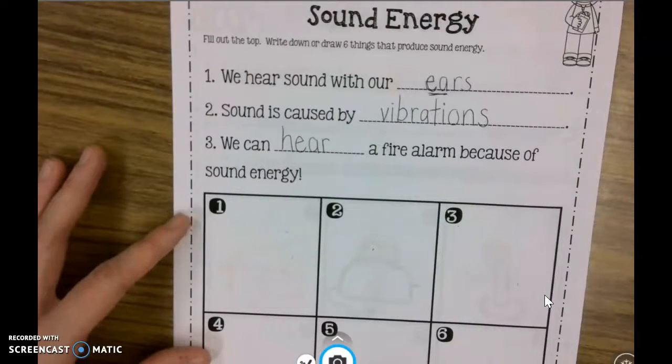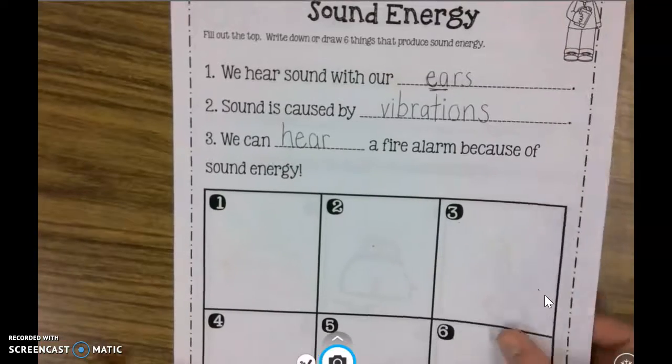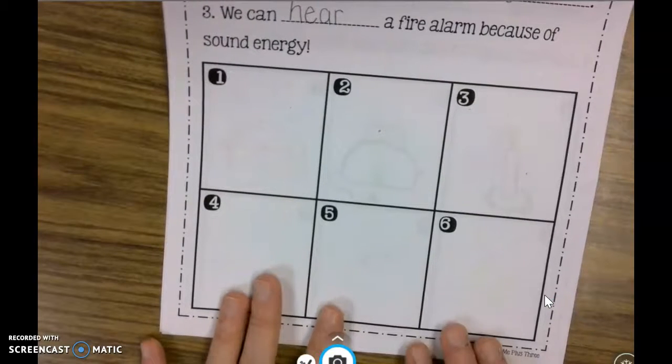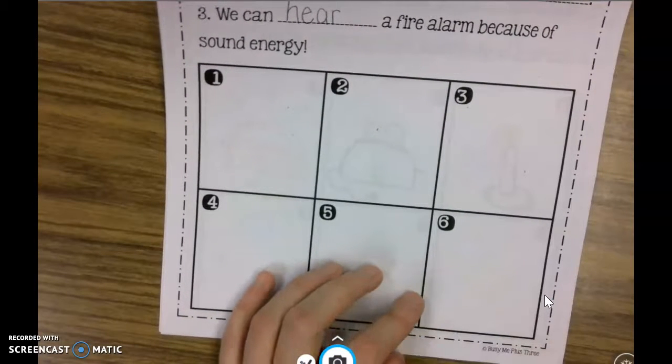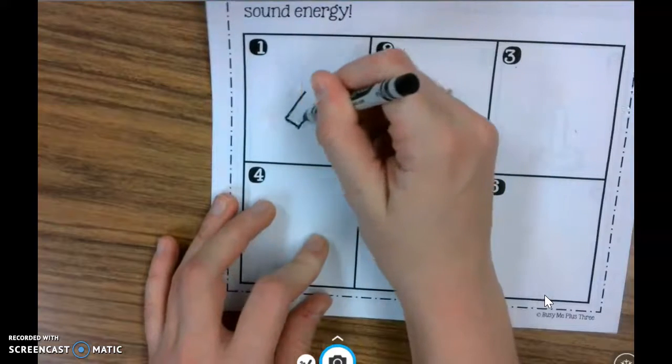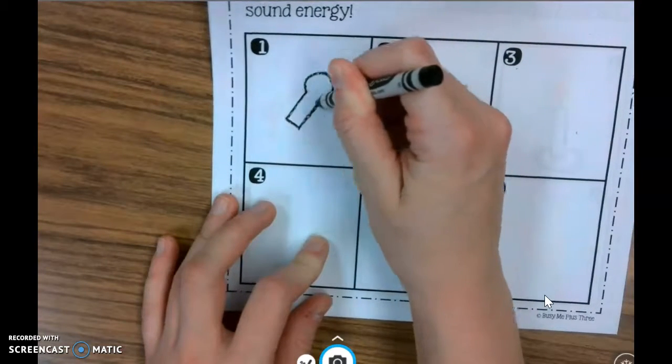Okay, now I'm going to grab my crayons and I'm going to draw a few pictures. Interestingly, this is the first one that we have had without the sun, right? The sun doesn't give us sound. The first thing I'm going to draw is a whistle.